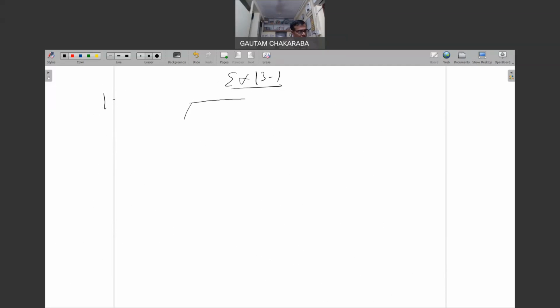Two cuboids joined end to end, and volume is given.